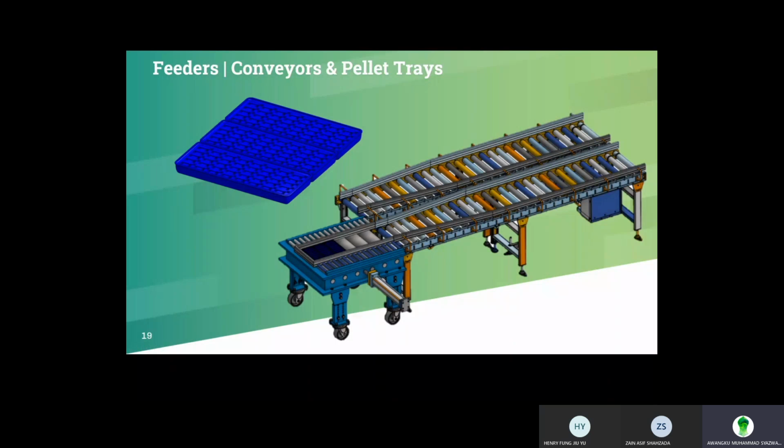Finally, there are the conveyors or the pallet trays. The conveyors will convey the trays from the intake point to the receiving conveyor. At the receiving conveyor, the robot will pick up the parts one by one until it's finished, and then it will exit the cell through the exit conveyor.